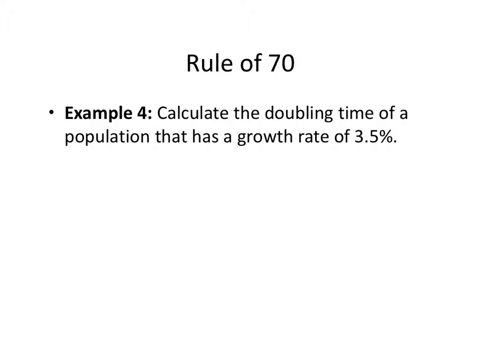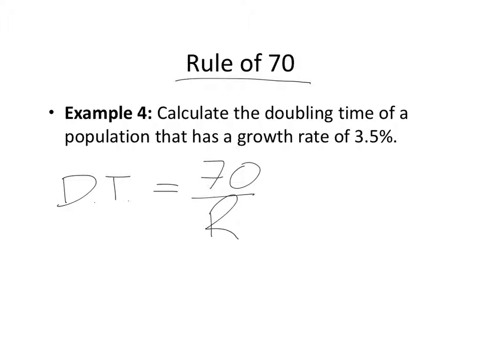All right, example 4 uses what we call the rule of 70. The rule of 70 is simply stated that the doubling time, the amount of time it takes for a population to double in size, equals 70 divided by big R. And remember, big R equals our growth rate in a percentage.